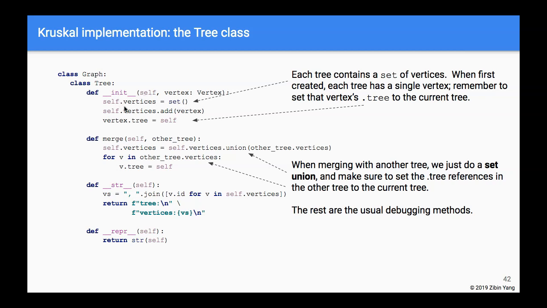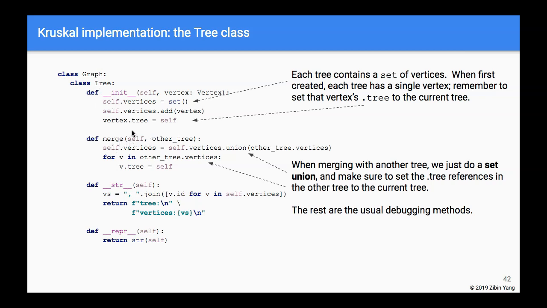So that's why the vertices is a set. And the first vertex that we put in the set of vertices is obviously the one that we start with. And this vertex's tree is obviously the self tree that we're initializing.